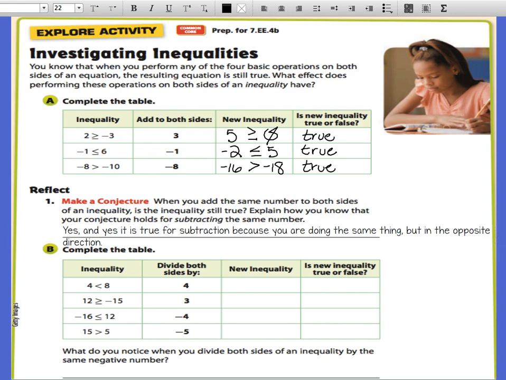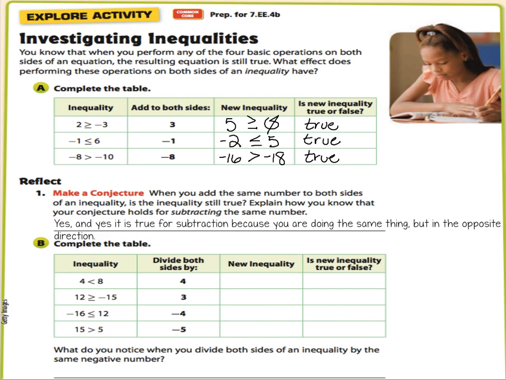So the concept is the same. You're moving up or down or left or right, and you're doing it to both sides. So since you're doing it to both sides, the inequality is still going to hold true.